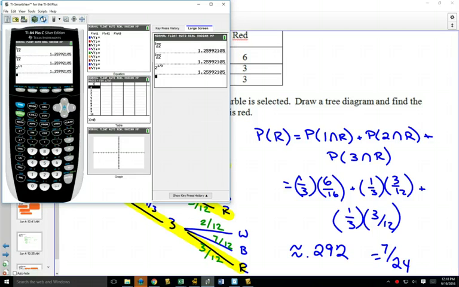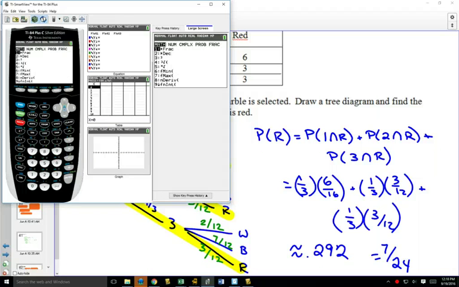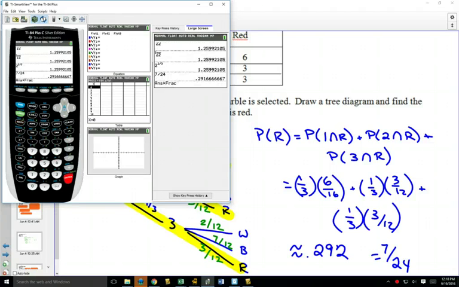So anyways, if you type this all in, I'm going to do the shortcut. I'm just going to write 7 out of 24. That gives me my decimal of 0.29166. If you had that decimal, you could hit the math button, and the very first one is fraction, and that'll change it back to that fraction 7 out of 24.